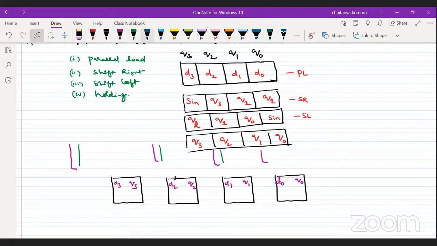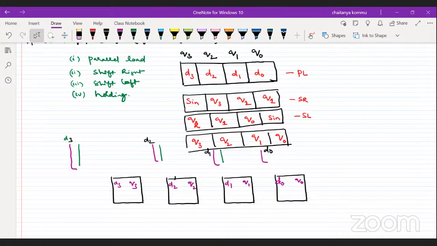SIN here, it is actually Q2. This is called D3, D2, D1, D0.